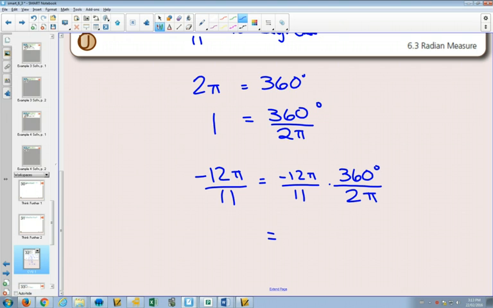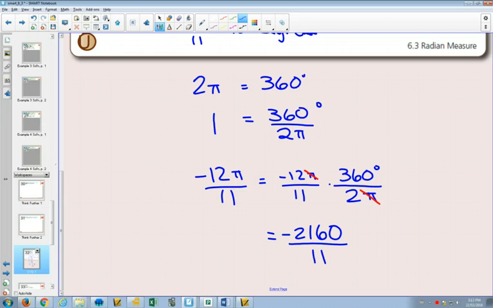And can you see that your pi's are going to cancel out? And when you multiply, well, 360 divided by 2 is 180. 180 times 12 is negative 2,160 divided by 11.